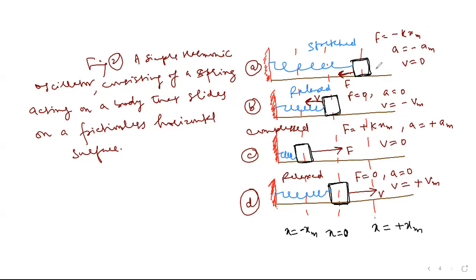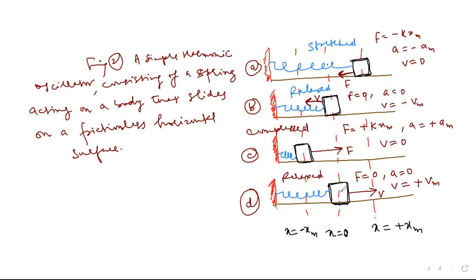So at extreme positions of the oscillation, you need to understand it. The oscillator is momentarily at rest. So in situation A and situation C, these are two extreme positions. Speed of the oscillator is 0 in both situations. And at mean position, situation B and situation D, speed of the oscillator is maximum.